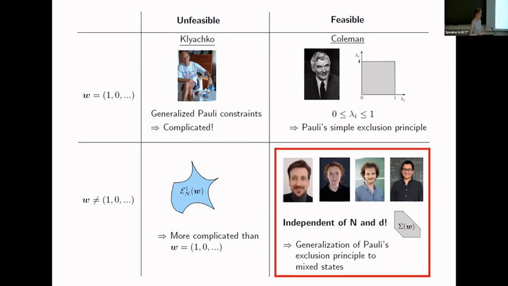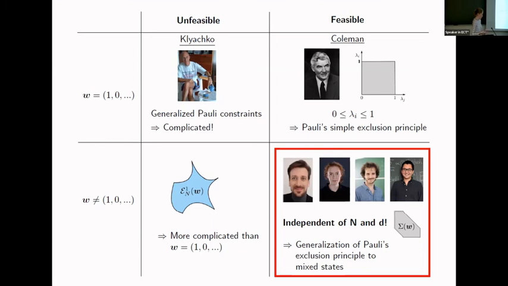So we also obtain constraints which are effectively independent of the particle number and the dimension of the one-particle Hilbert space. This is in striking contrast to the GPCs, but it's again an analogy to the Pauli exclusion principle. And therefore we can conclude that these constraints are really a generalization of the Pauli exclusion principle for mixed states.